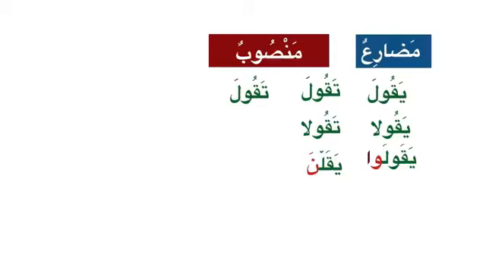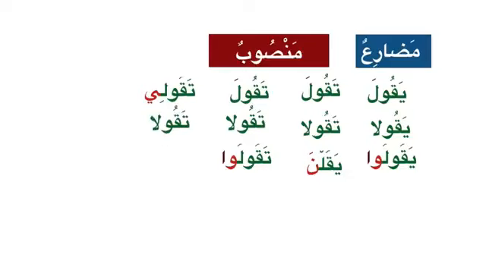Anta taqula, antuma taqula, antum taqulu, anti taquli bi hadafi noon, here mansub, antuma taqula, antunna taqulna, ana aqula, nahnu naqula. So this is the mudari' of ajwaf in mansoob form.